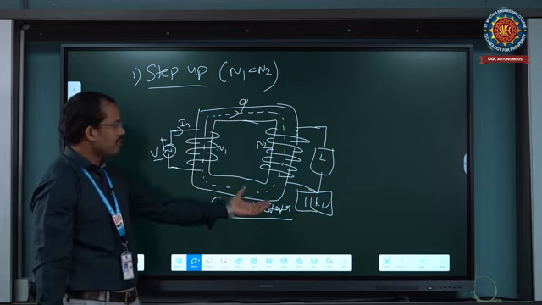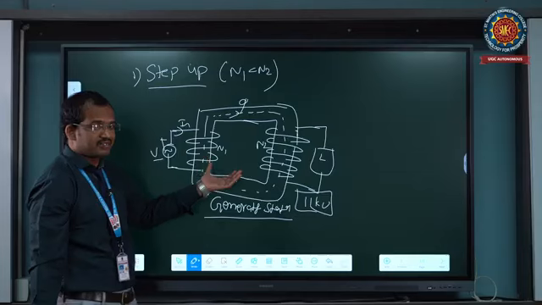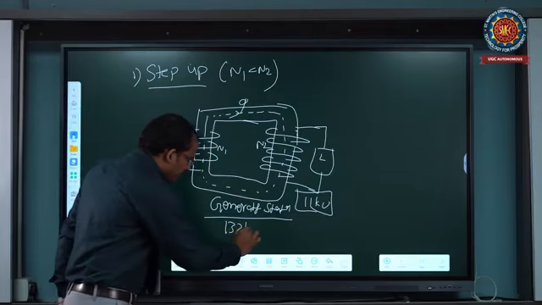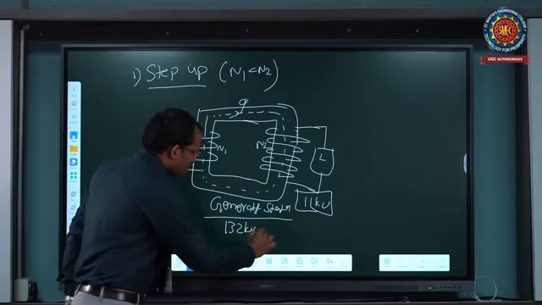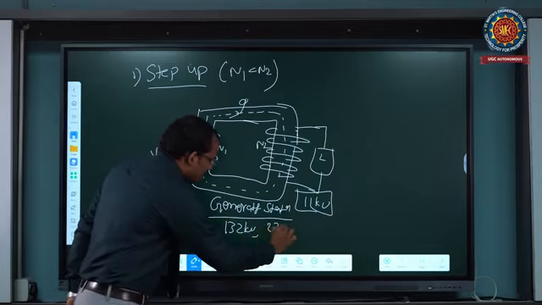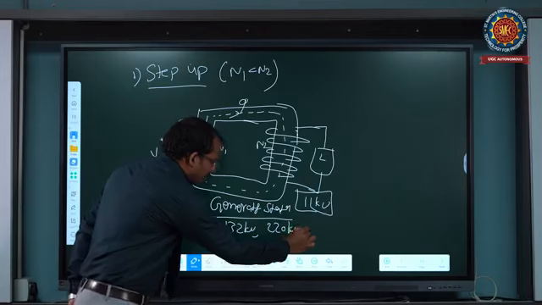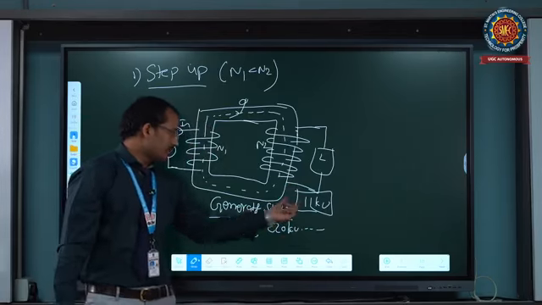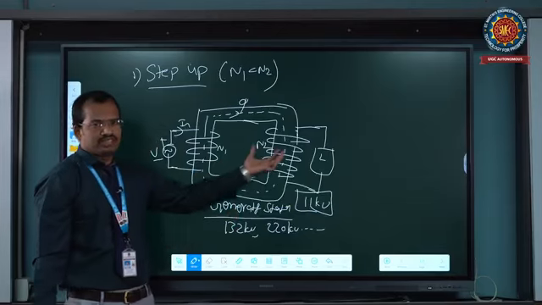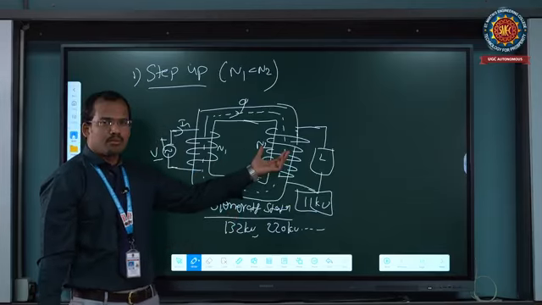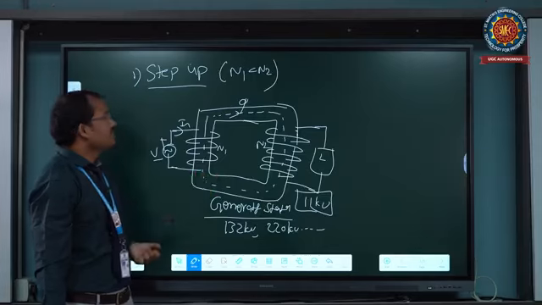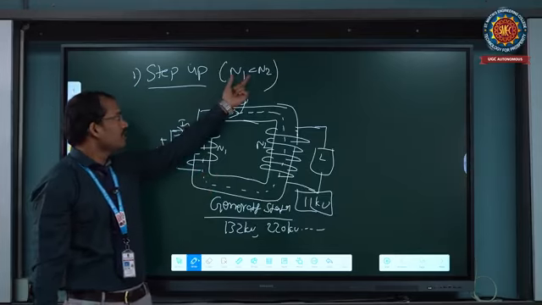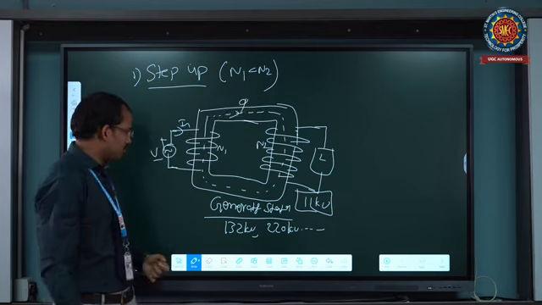That voltage we increase using a step up transformer up to our requirement, 132 kV or 220 kV. So the basic principle is N1 is less than N2.